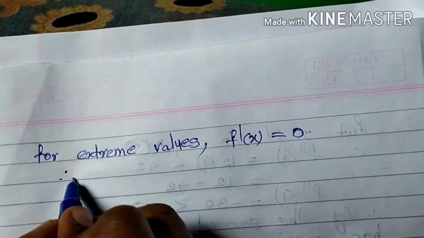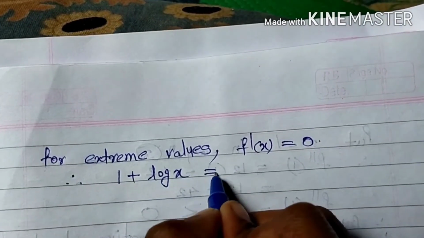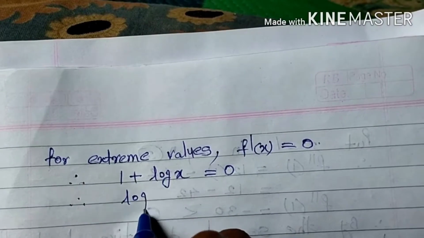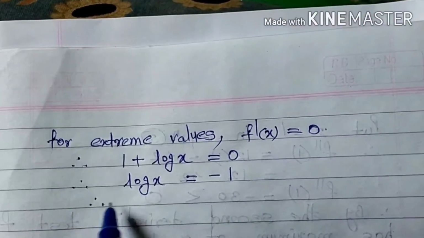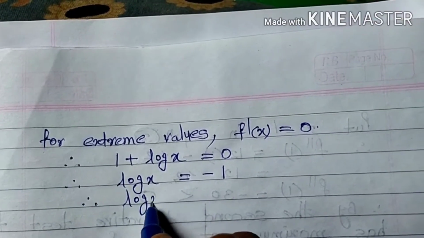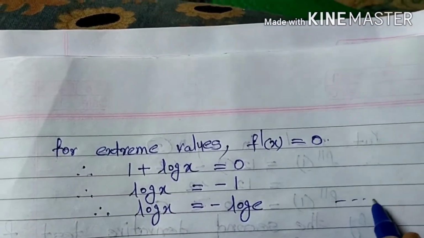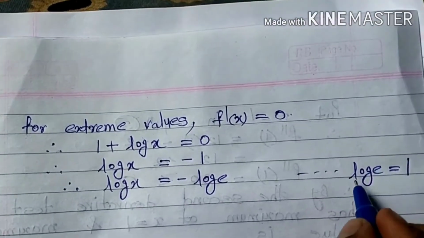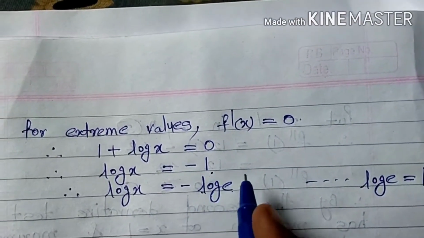So therefore 1 plus log x is equal to 0. Log x is equal to minus 1. Therefore log x is equal to minus 1 into log e, because value of log e is equal to 1, so you can put here 1 log e instead of 1.